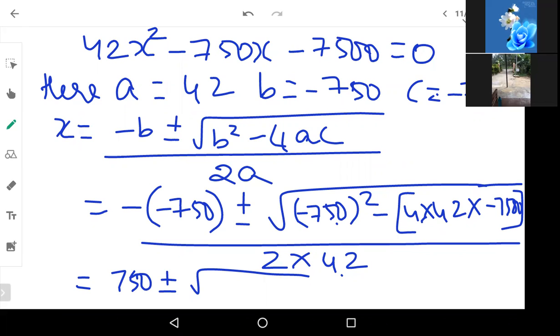No minus. Rida, you will not get minus. It is plus, my dear. So you will get 562,500. That will be 750 square.